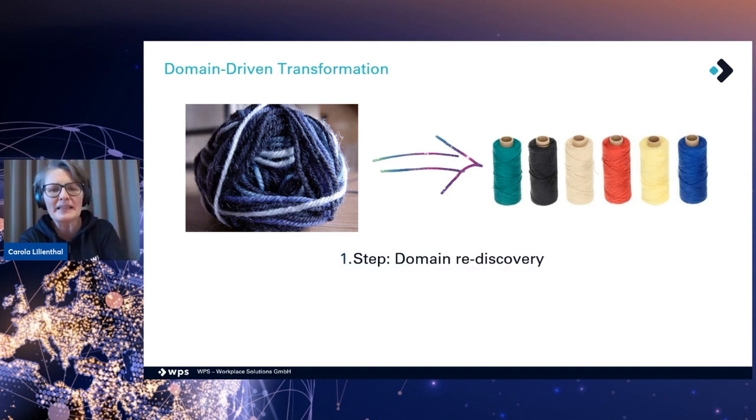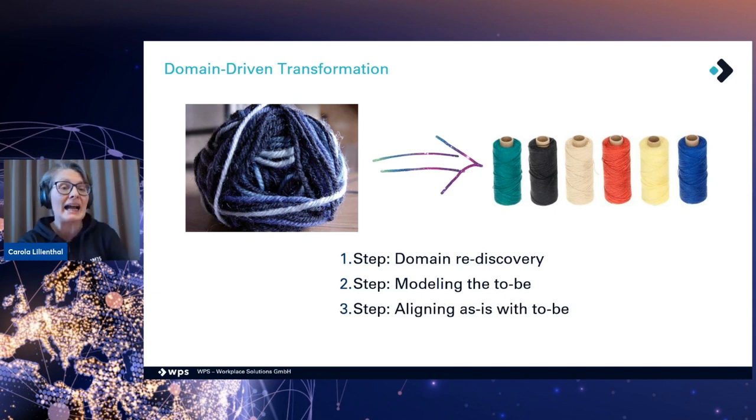The first step is domain rediscovery. The second step is modeling the to-be, so the future. The third step is aligning as is, so the status as it is now, the present, with the to-be, with the future. And the fourth step, of course, is do it, do the move.